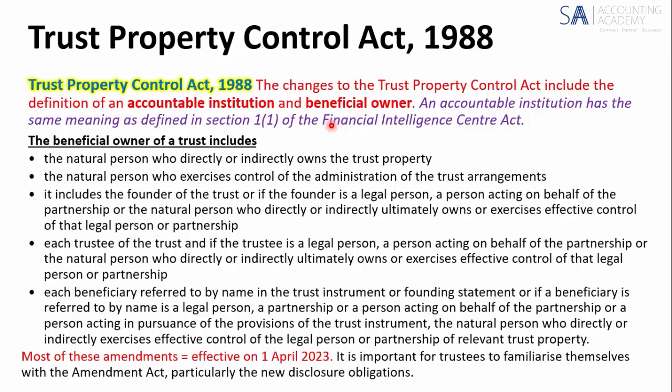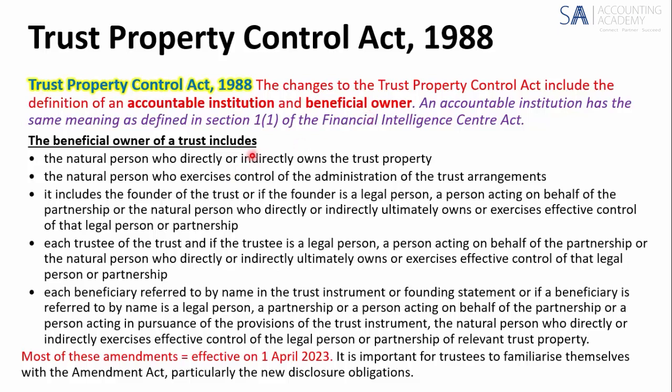TCSPs are now also included in there. There's a separate webinar that I did and a separate TSV, a technical summary video, on the FICA changes themselves. In that one, I go into more detail on the definition of the trust company service provider, but I will show it again to you today.